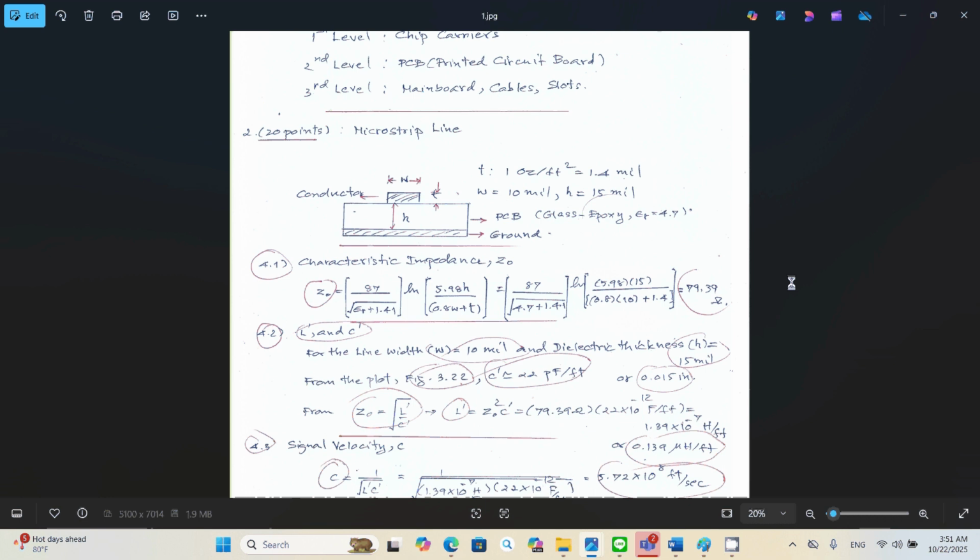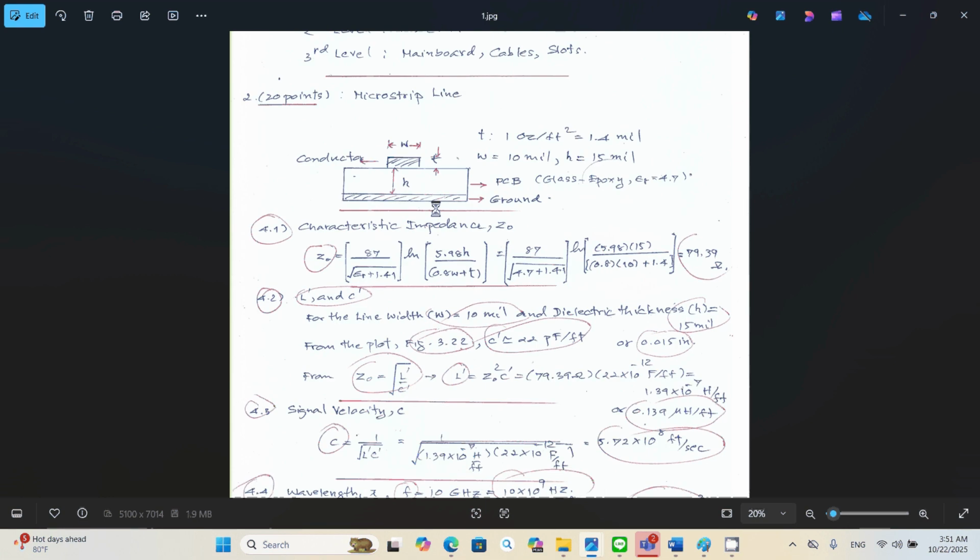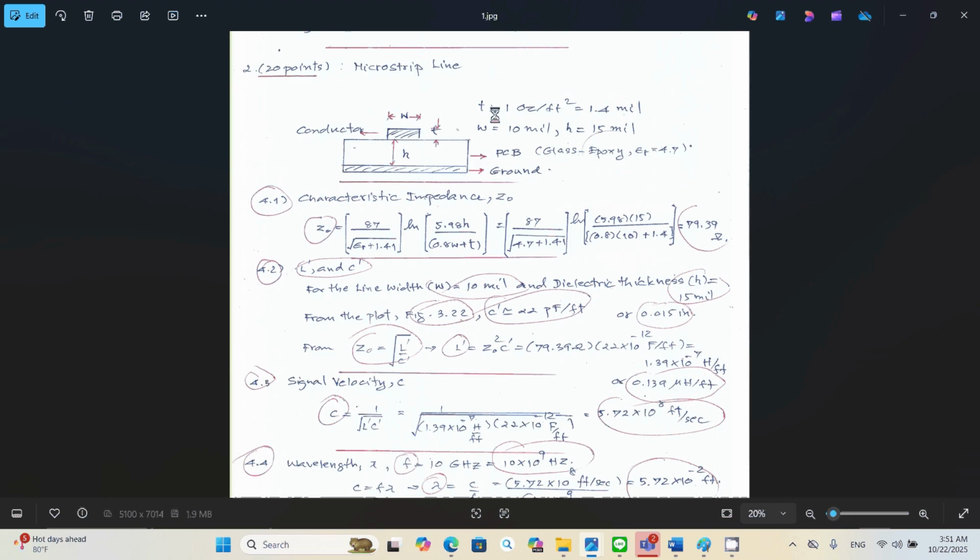For the microstrip line, the thickness is 1 ounce per square feet, that's equal to 1.4 mil, and you know that mil equals 1/1000 inch. By applying the equation for Z0, that's for 4.1, we just plug in the numbers.